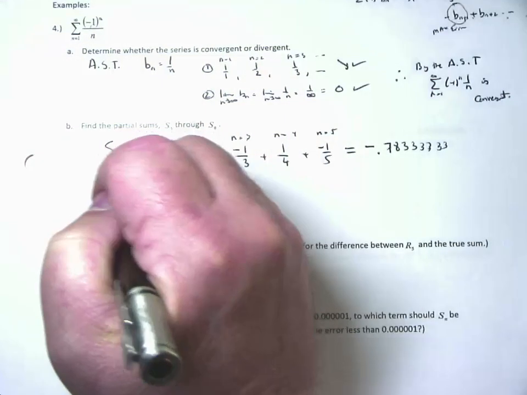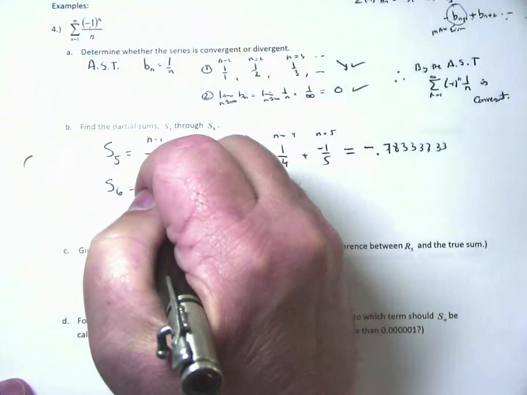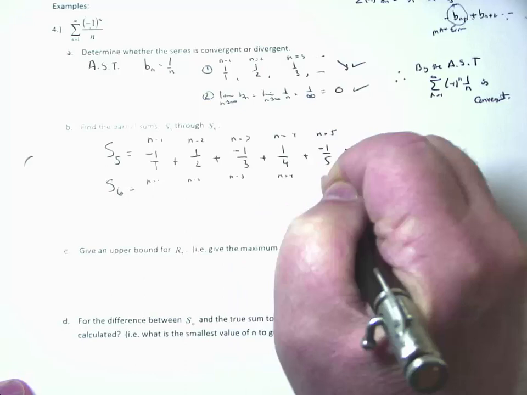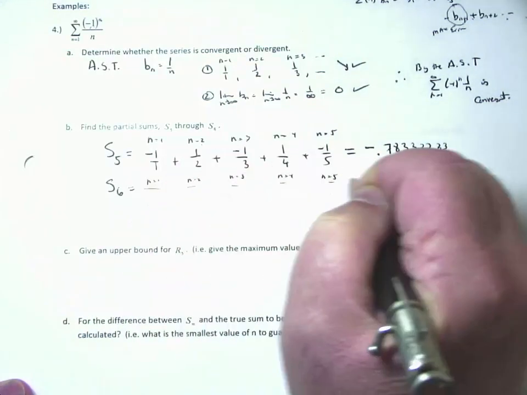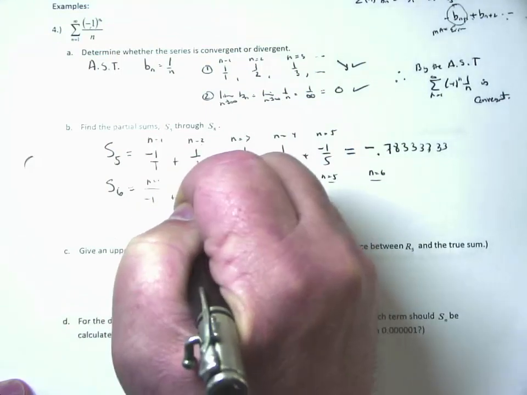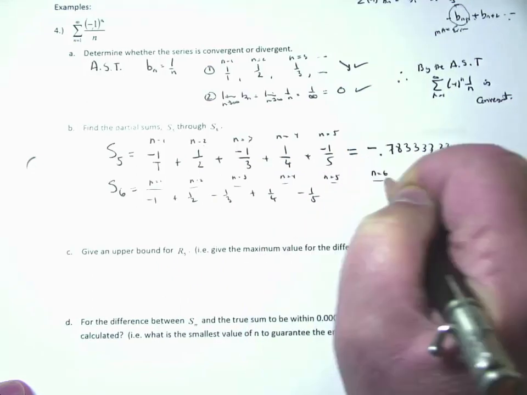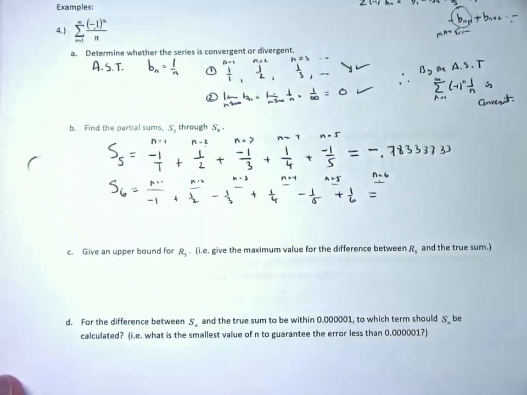What is S6 going to be? S6 would be adding up the first 6 terms of your series. And this is for your benefit. n equals 1, 2, 3, 4, 5, then we do one more, n equals 6. This will be negative 1 plus 1/2 minus 1/3 plus 1/4 minus 1/5, but n equals 6 would be plus 1/6. This is what I want to show you. What is this going to be?